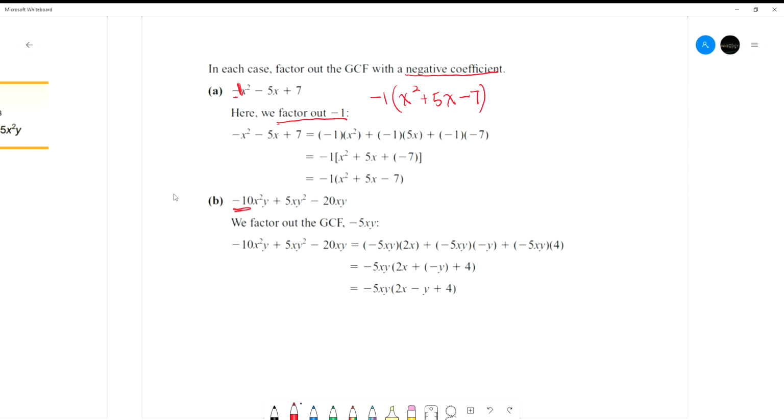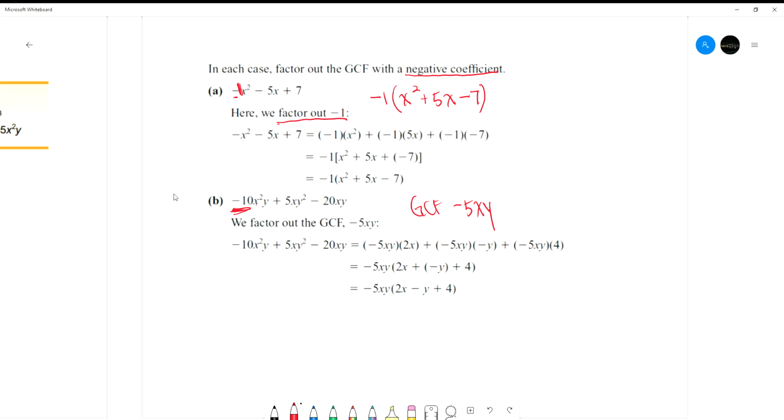So that's how I know the GCF here is going to be negative 5, because our leading coefficient is negative. Coefficient means the numbers in front of the variables. So negative 5, and then I look at the variables. The smallest x is just x, and the smallest y is just y. So negative 5xy is the GCF.